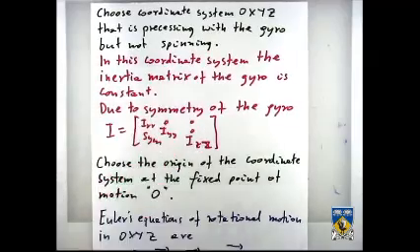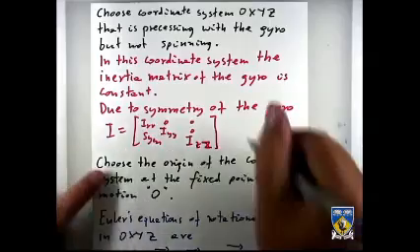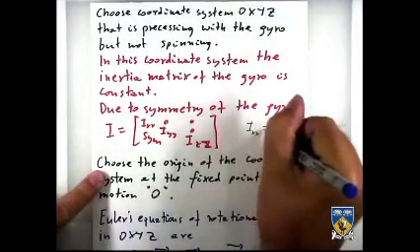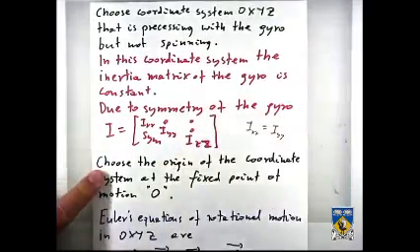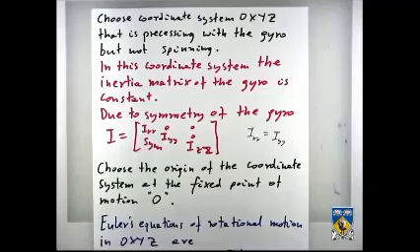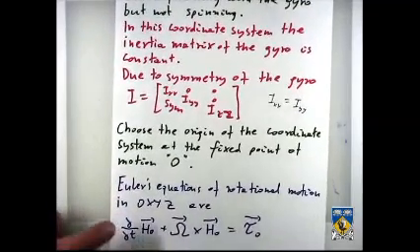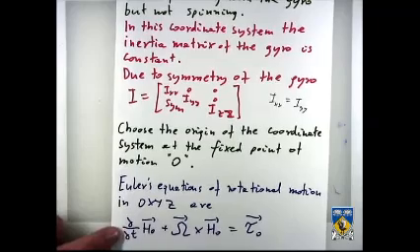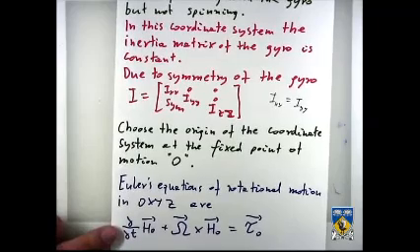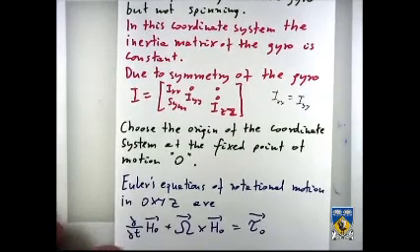And also, maybe we should remember that because of rotational symmetry, Ixx equals Iyy. And now what's left is to evaluate this. So now the precession is steady.